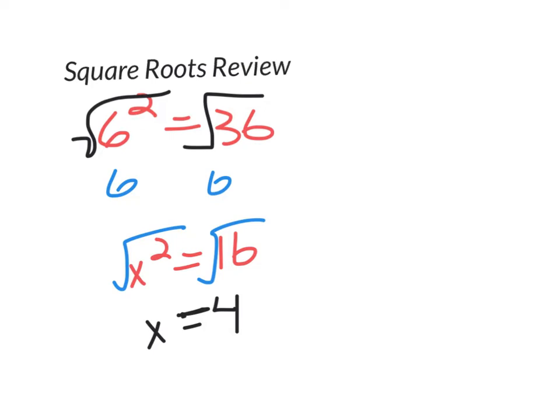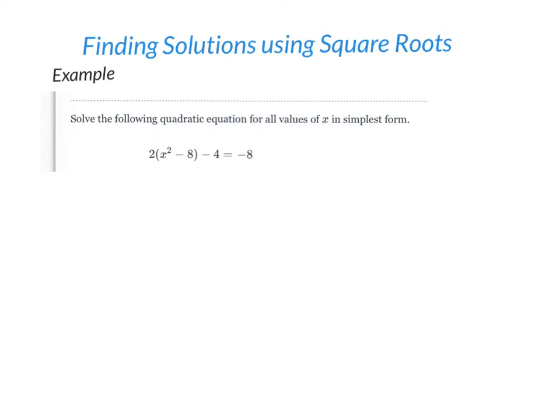It's actually 4 or negative 4, because when you multiply negative 4 times negative 4, you also get positive 16. So the square root of 16 could be 4 or negative 4. All right, that's just a quick review. Let's take a look at some problems for today's lesson.